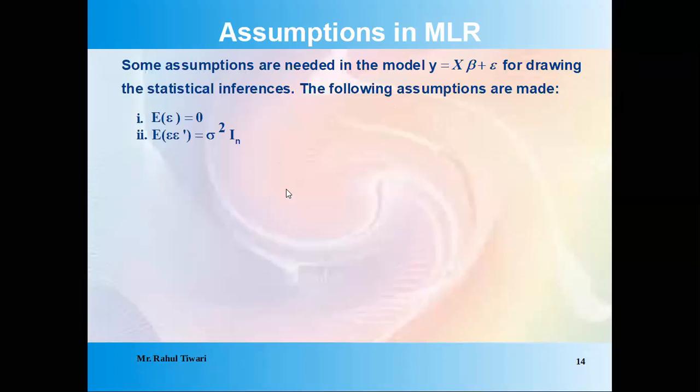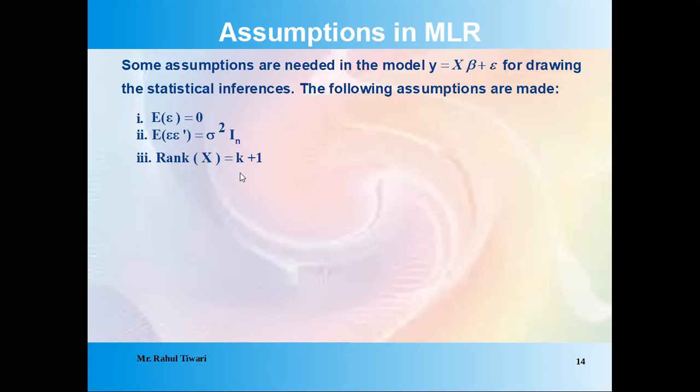Okay, so we have already seen the expected value of the disturbance term is 0. Expected value of epsilon dash, you can say variance, it is sigma square. Rank of x is k plus 1.